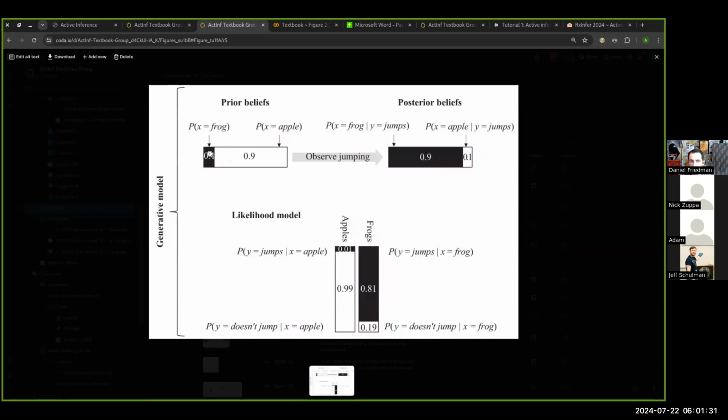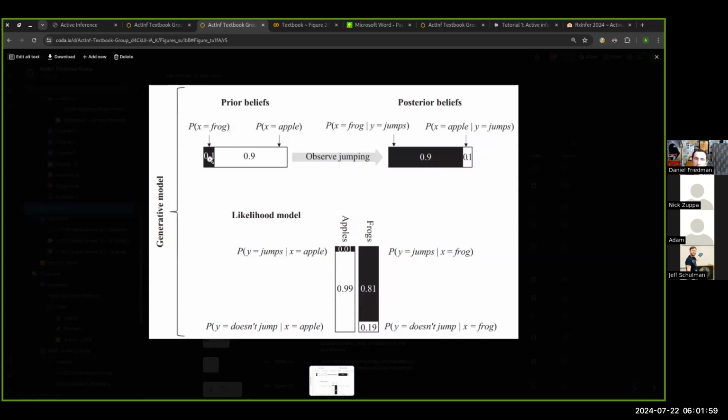Before we saw the observation, we believed that 10% of the items in the world were frogs. We observed a jump, and then we basically multiplied this shape by this shape. It turns out that a jump is 81 times more likely to have come from a frog than an apple, just 81% versus 1%.